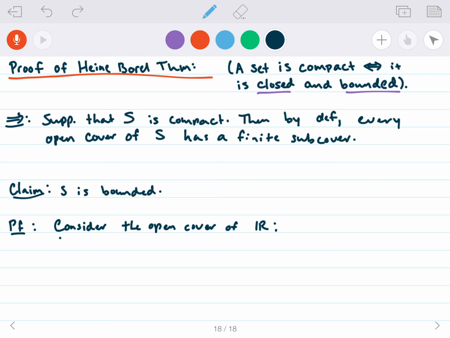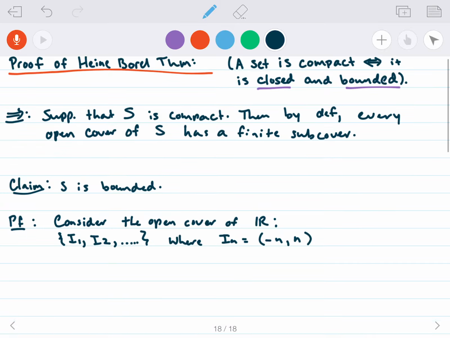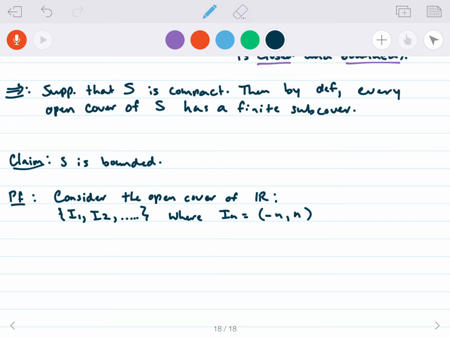And let's say this is I1, I2, ... So it's an infinite cover, and each of the I_n's are going to be of the form, the open interval -n to n. Okay, and so we can see that this covers the real numbers. If we draw a picture here, here's our real numbers.